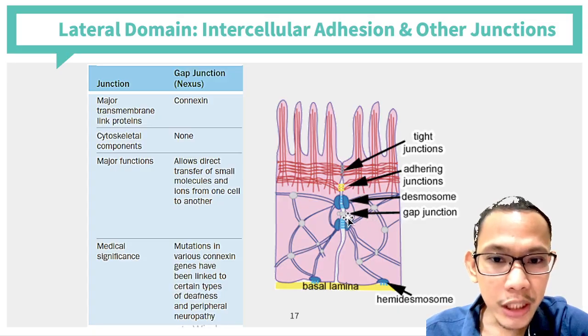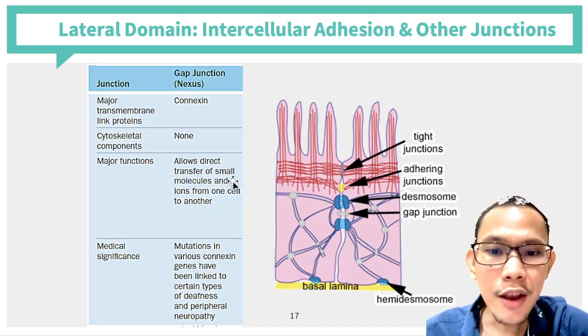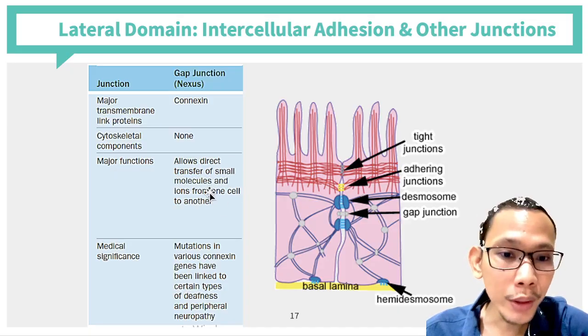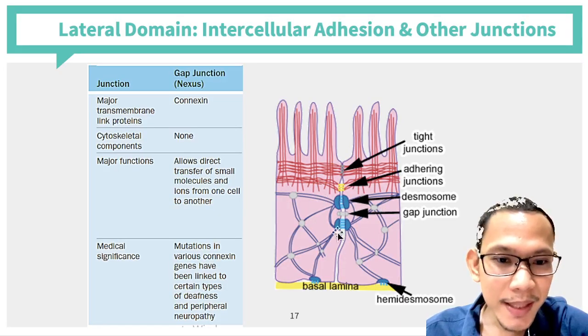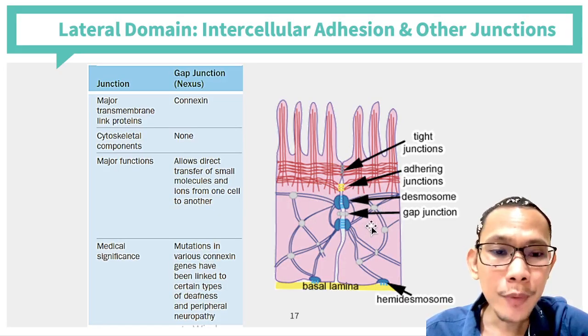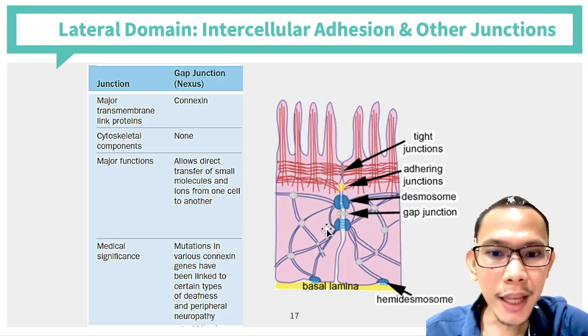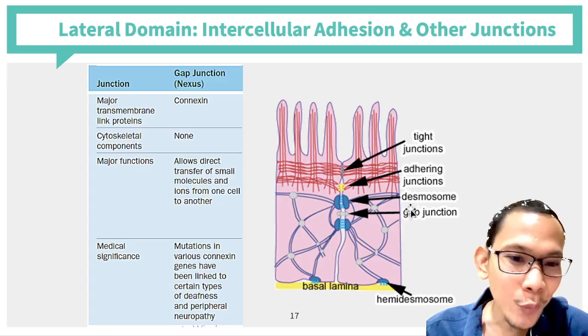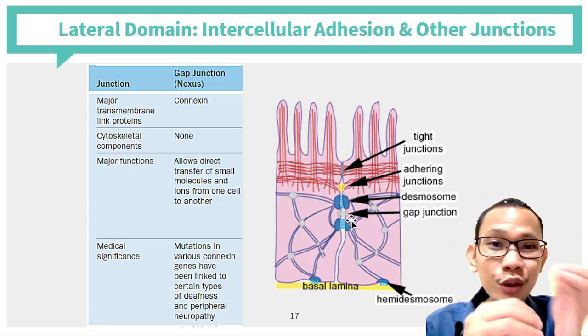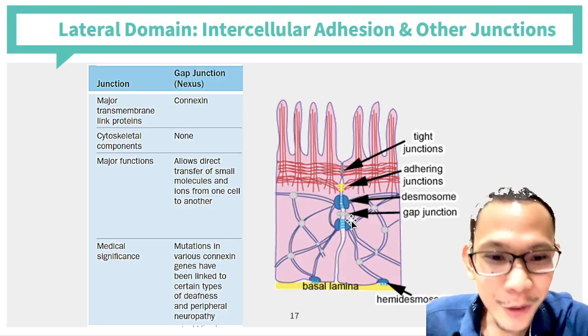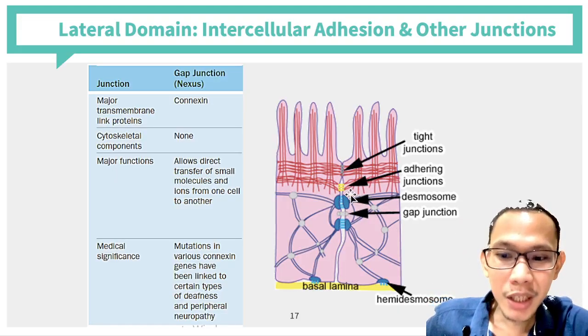Your gap junction will allow direct transfer of small molecules and ions from one cell to another. So basically, exchange of the different molecules. So remember that. That's going to be your gap junctions.